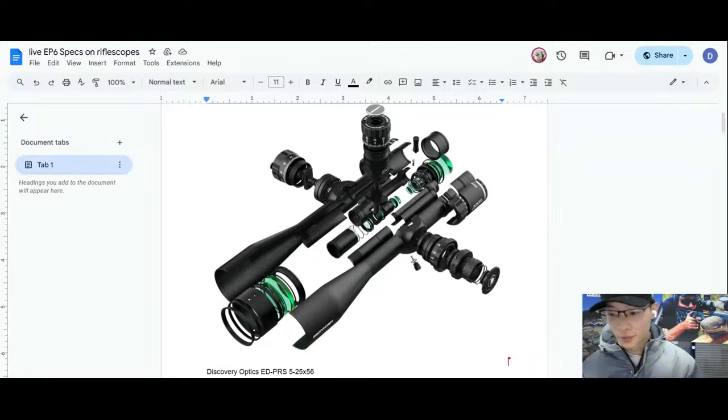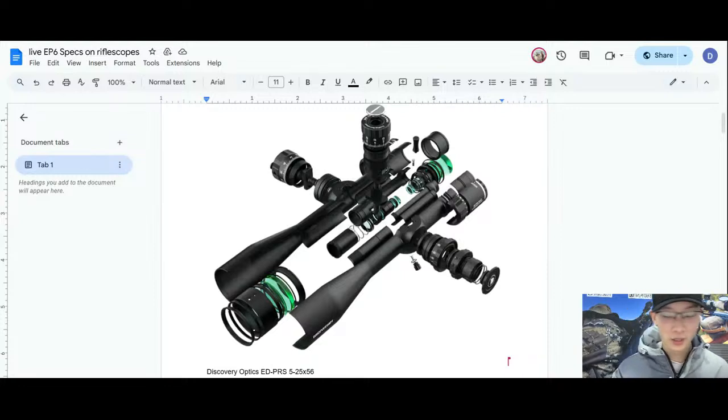Discovery sent me a scope, the NV LHD 4016 by 44. It was great, clear, and has 90 MOA. Only missing the length of the back tube and a zero stop with a lot of elevation. Yes, I think that scope, I really like those two LHD NV scopes, because I think those are great general-purpose scopes.